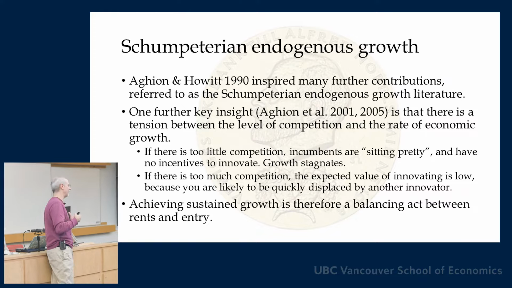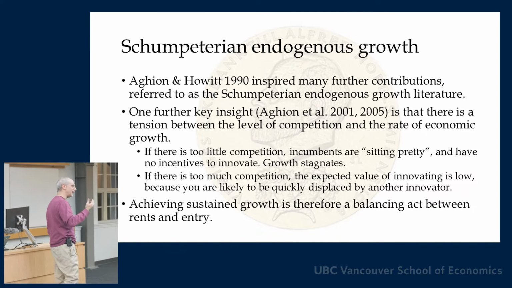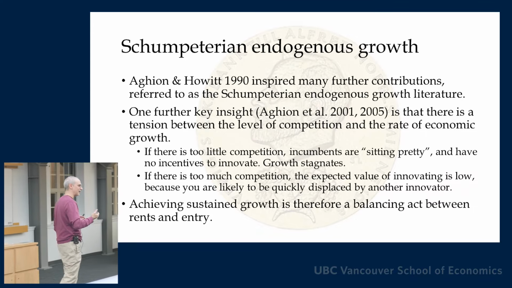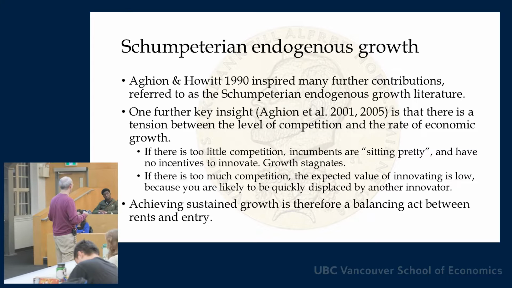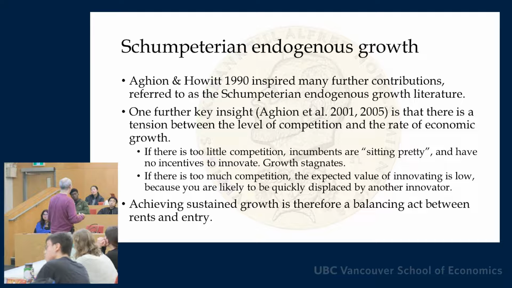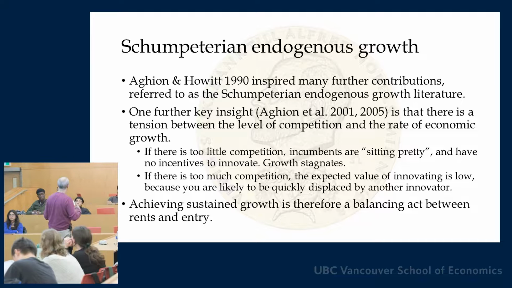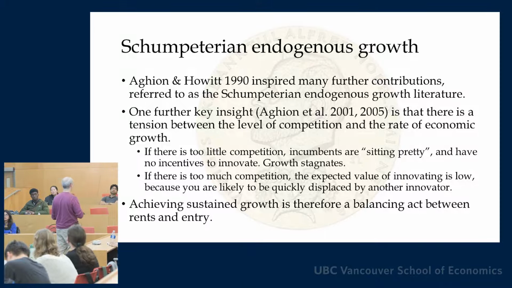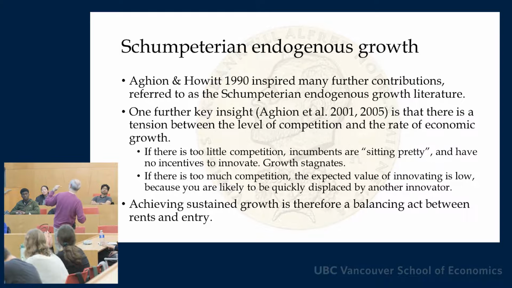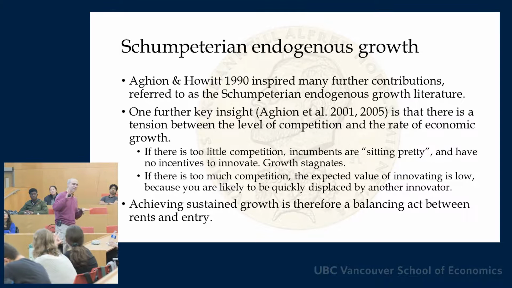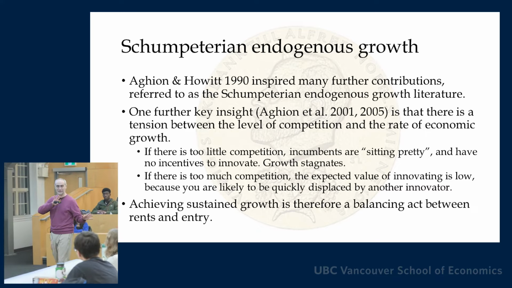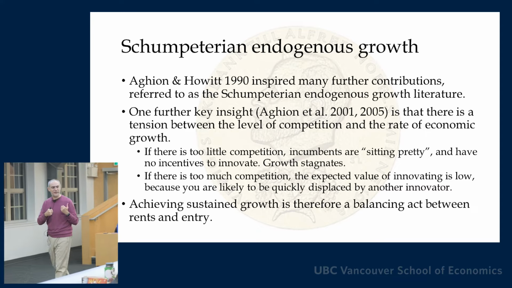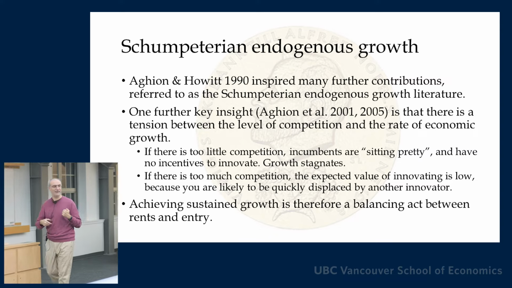It's all a bit second best in the sense that you need some level of patent protection, you need some level of monopolistic markets in order to incentivize innovation. If you have none of that, innovation doesn't happen and you stagnate. Okay? So achieving sustained growth is a balancing act between rents and entry. How easy it is to come into a market versus what profits an incumbent can expect.